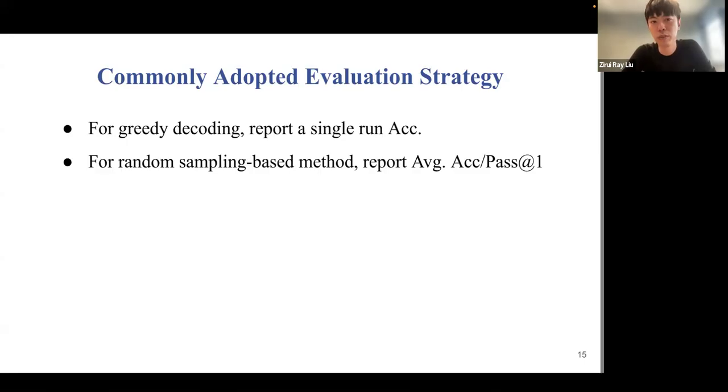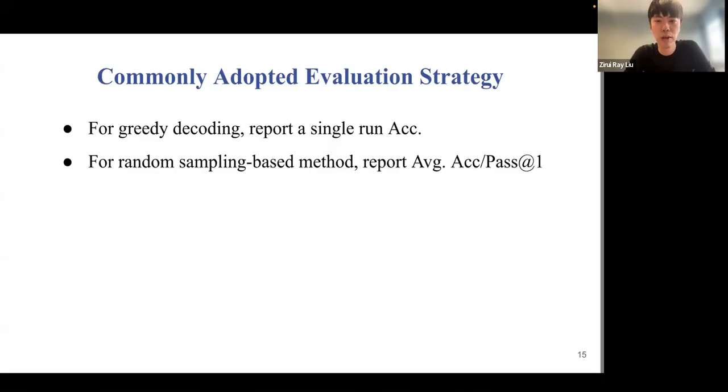So usually speaking, researchers or engineers just report one single-run accuracy with greedy decoding. For random sampling based methods, we report average accuracy or pass at one. Given one single prompt, we generate a response 16 times and calculate the average score across these 16 trials.